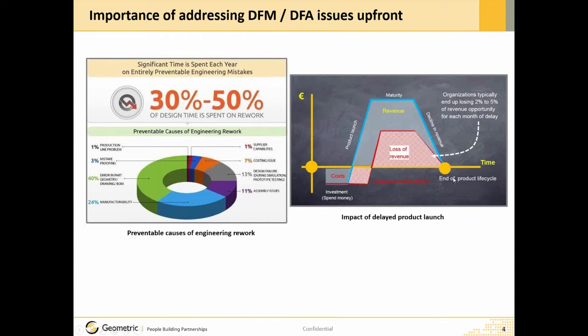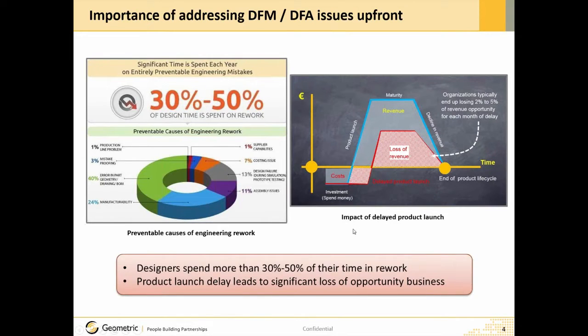This leads to what we typically call the impact of delayed product launch, where you not only suffer on your revenues and cost, but it overall impacts the business profitability. So it is very, very important for businesses to understand the productivity of the engineering process, and also how it impacts the overall business.